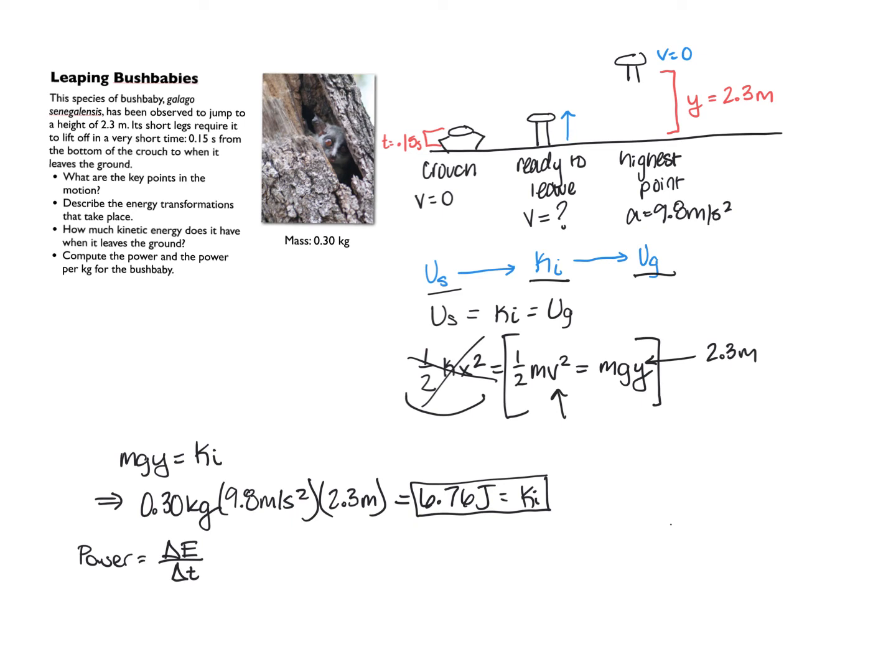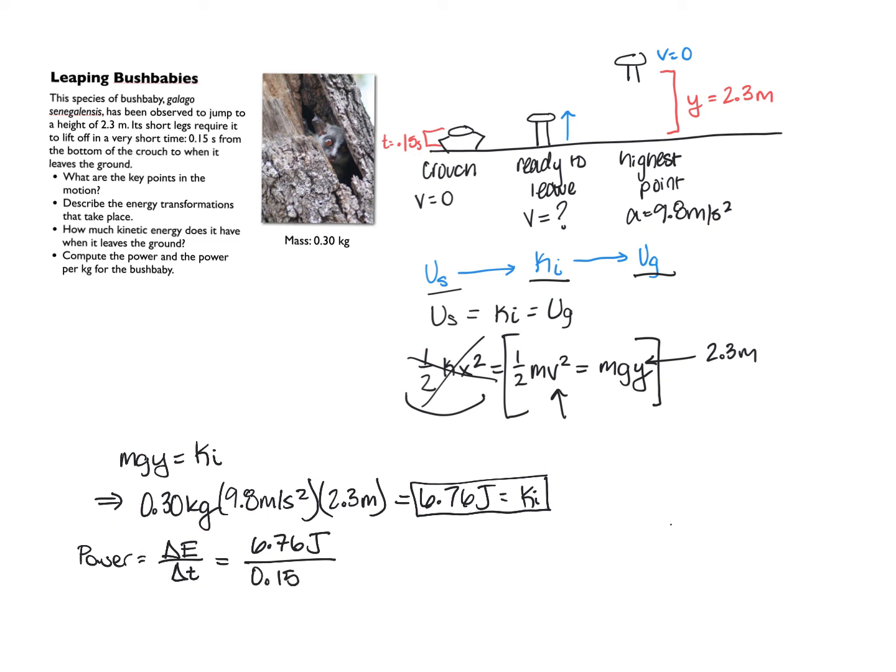So I can use 6.76 joules for that change in energy. But what do I use for the time? The spring potential energy is also equal to 6.76 joules, so I can just use the time of that crouch piece, that liftoff piece, to give us our power, because it's all the same.